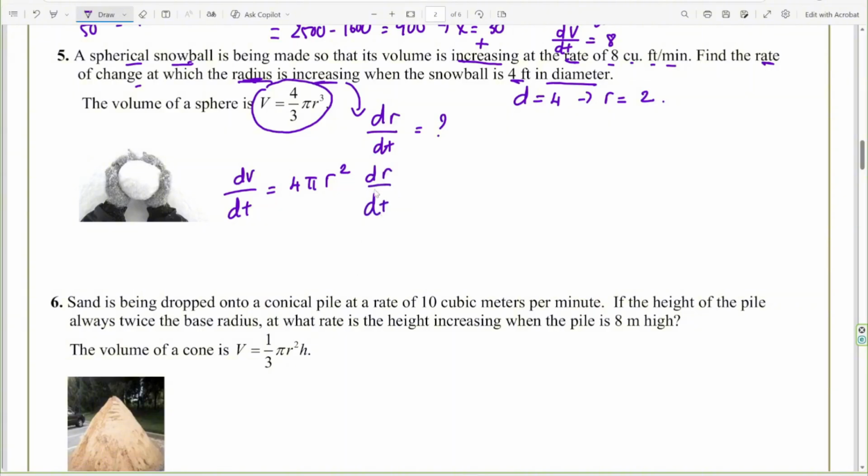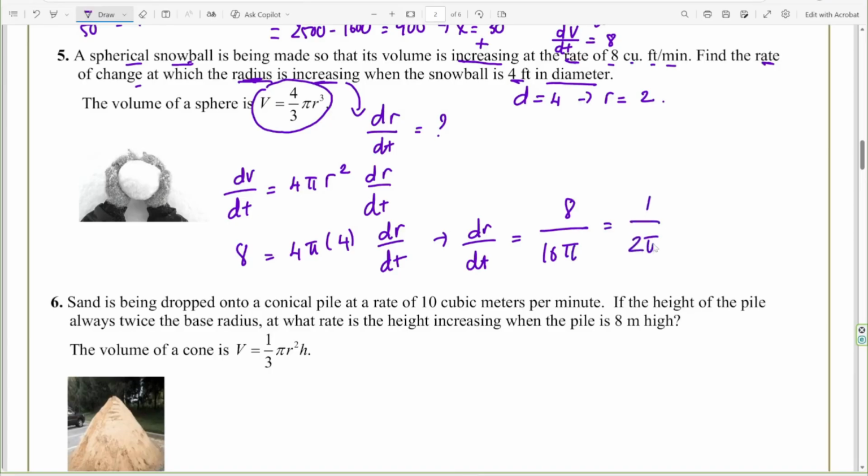So this is what we need to find, right? dv over dt equals 8 right here, right? So substitute 8 equals 4 pi. The radius is 2, so squared is going to be 4 dr over dt, right? And then dr over dt equals 8 divided by 16 pi, right? So it could be 1/2 pi, right? Don't forget the unit, feet per minute, right?